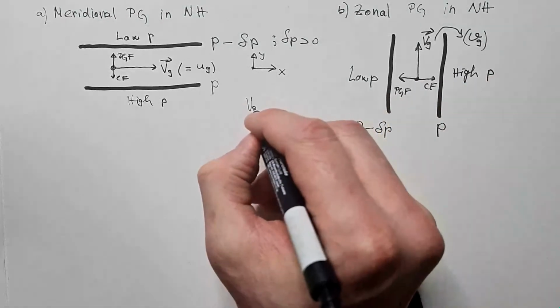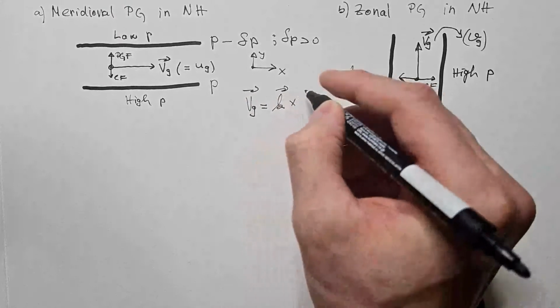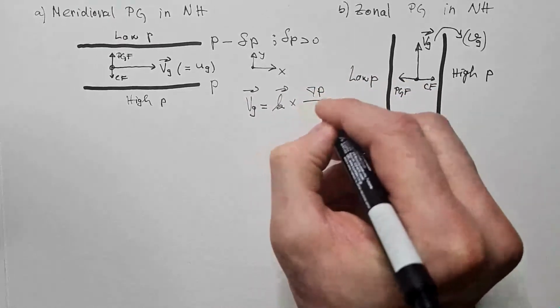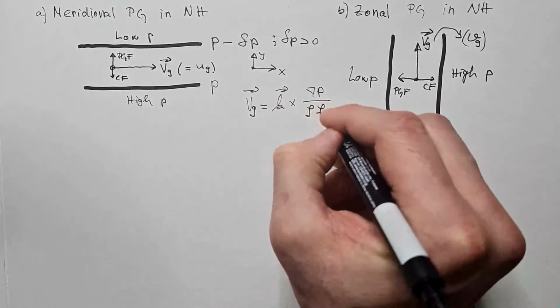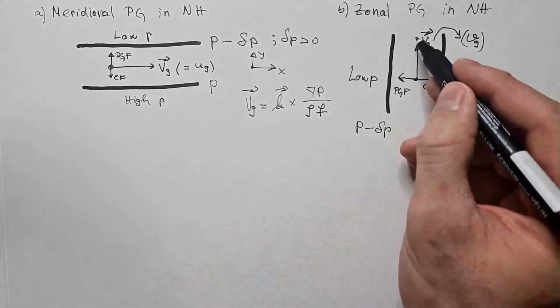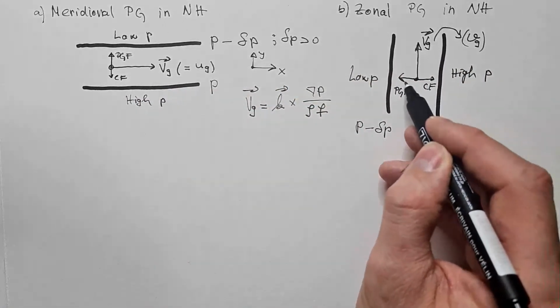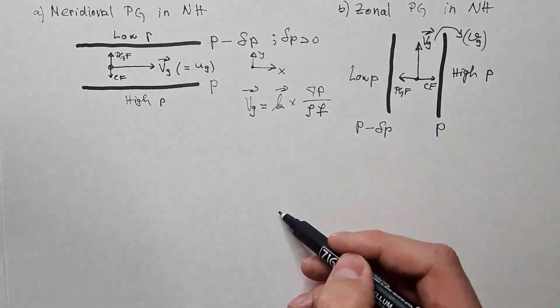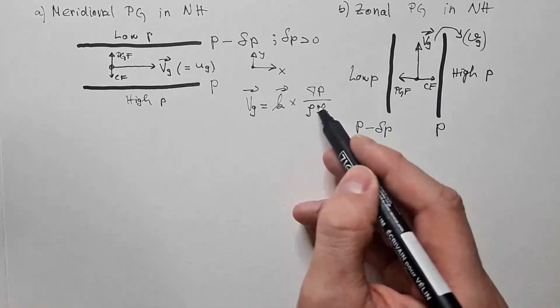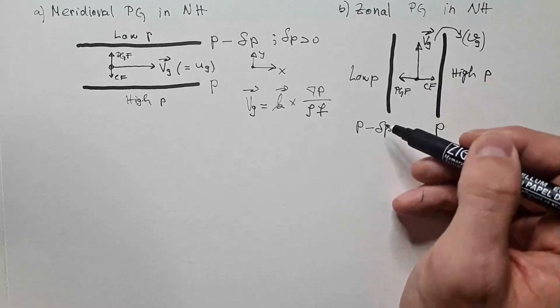Remember that Vg from the previous page was K cross delta P over rho F. There is no time here. Therefore, we can only apply this relationship when we already have established equilibrium between these two forces. We cannot use this relationship to see how the equilibrium evolves.